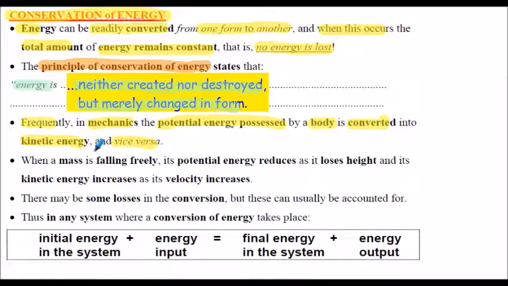So when a mass is falling freely, its potential energy reduces as it loses height, and its kinetic energy increases as its velocity increases. There may be some losses in the conversion, but these can usually be accounted for.